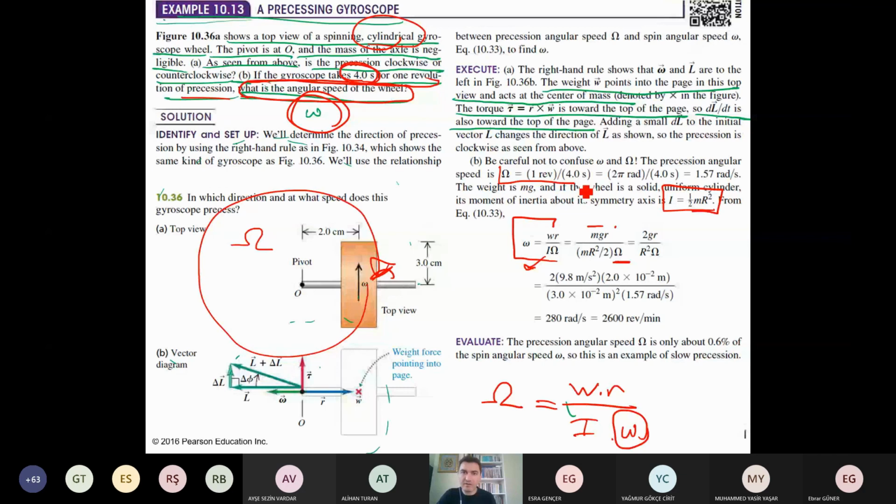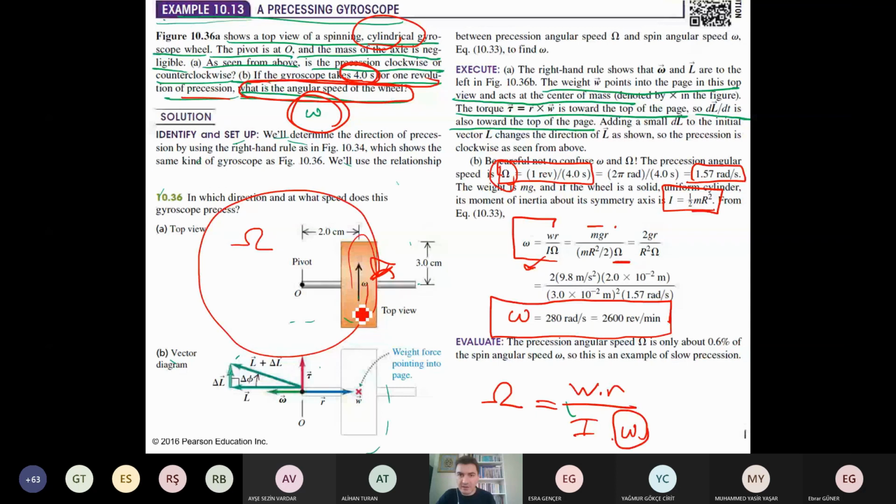Then 1 revolution is given with 2 pi radian, then omega is given with 1.57 radian per second. Put also this information here, then you can calculate the angular speed of the flywheel: 2,600 revolutions per minute.